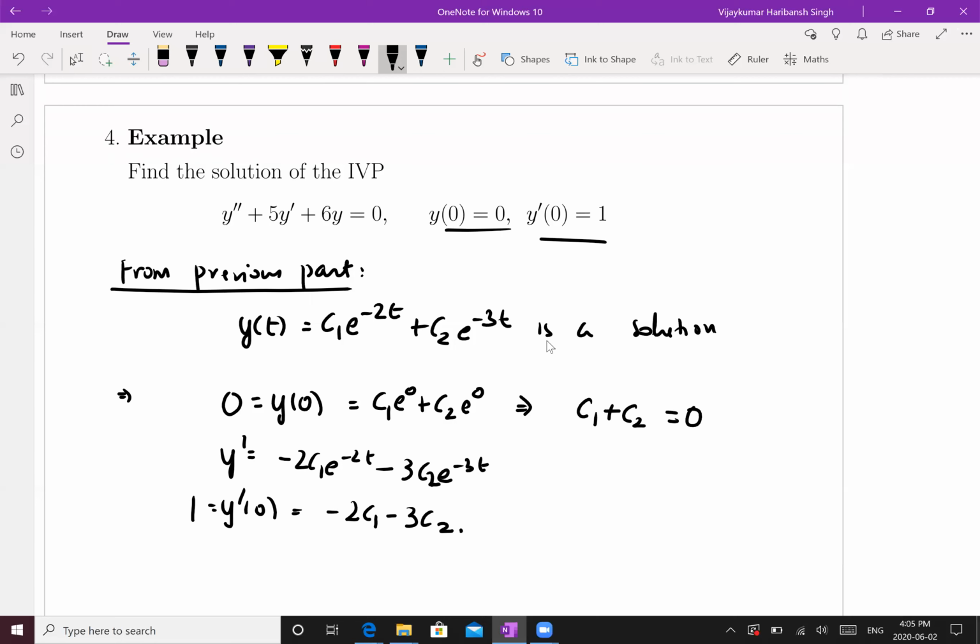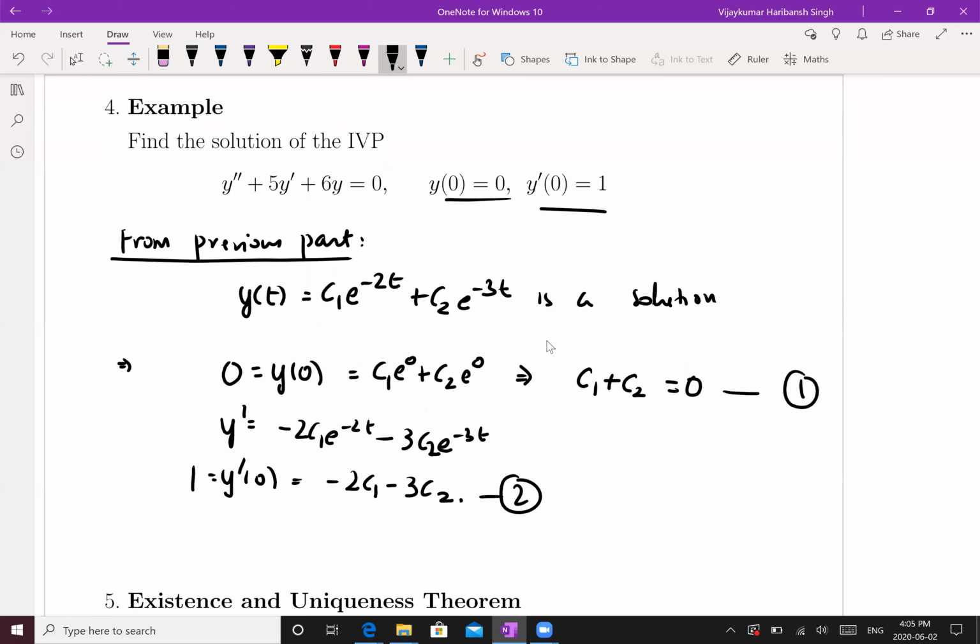Now let's solve these two equations, equation 1 and equation 2, together. How do I solve it? I can take the first equation multiplied by 2, so I get 2c1 plus 2c2 equals 0, and the other equation is equal to 1. When you add them up, you get minus c2 equals 1.